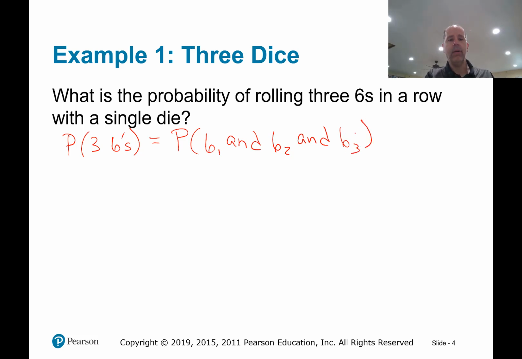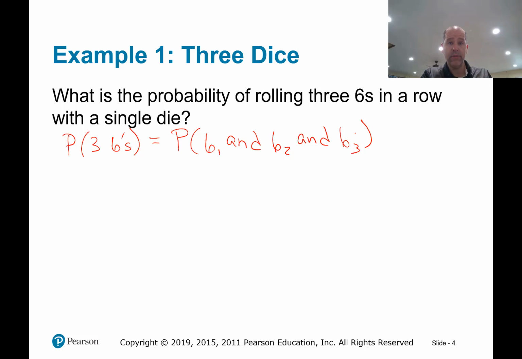Now when I write it this way, it looks like I've got an "and" statement. So I've got 3 events connected by "and." Now the question is, are these 3 events independent of each other? And the answer is yes, because if I roll a 6 on the first roll, it doesn't have any effect on whether I get a 6 on the second or third roll.